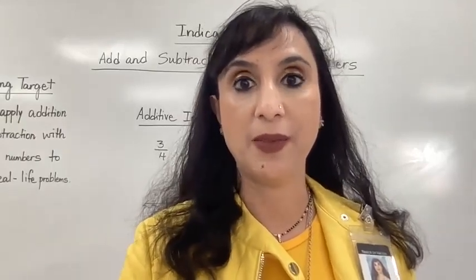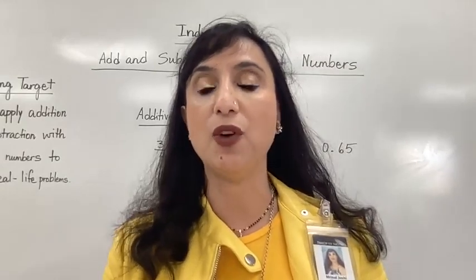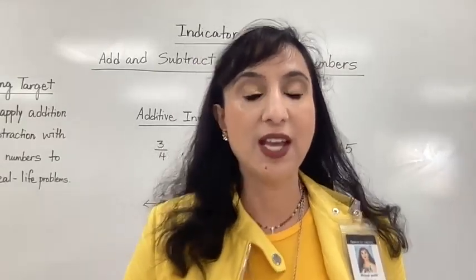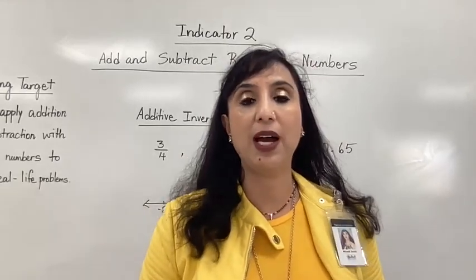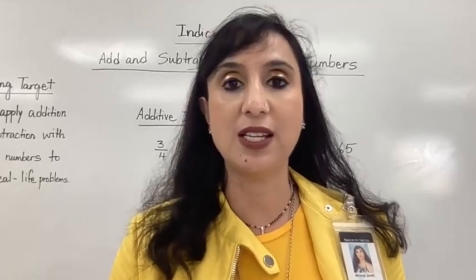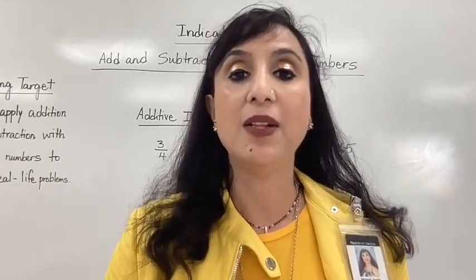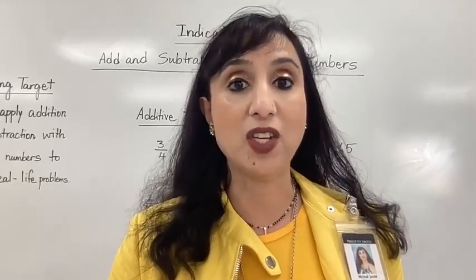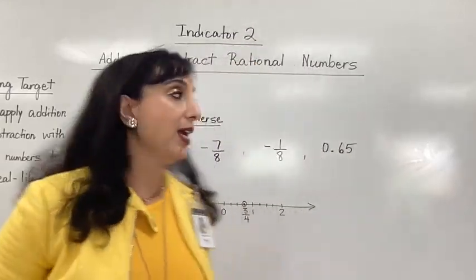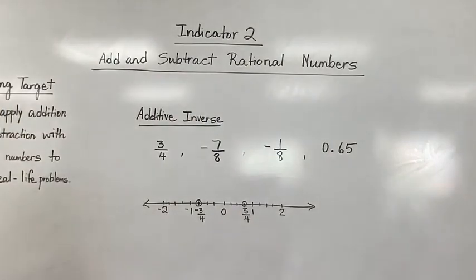life problems. Okay, so the vocabulary that we must know in this is additive inverse, and we have talked about that a number which is a certain distance from zero on the number line, its additive inverse is actually going to be the opposite. Okay, so let's say I give you some of these numbers and we talk about the additive inverses.